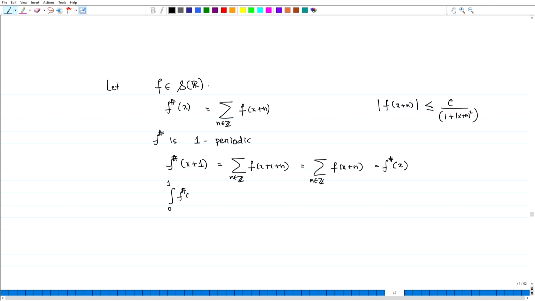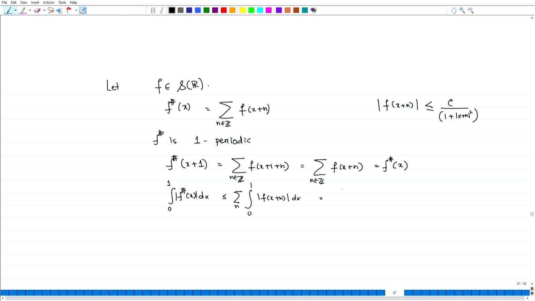Now if we look at the integral from 0 to 1 of f sharp of x dx, I can put the mod here, then this is less than or equal to the summation over n of the integral from 0 to 1 of mod of f of x plus n dx.